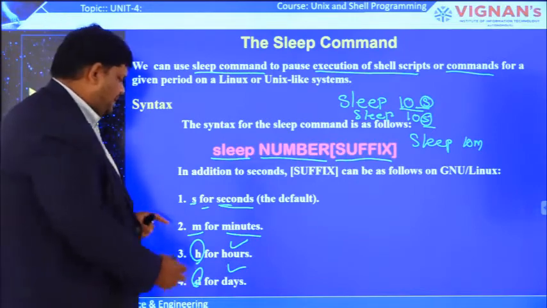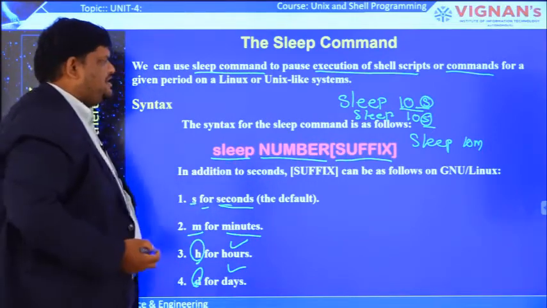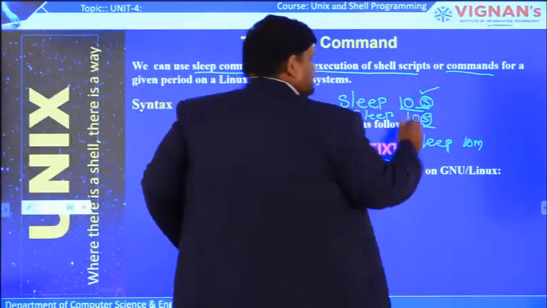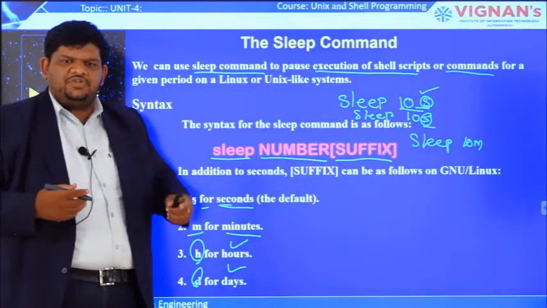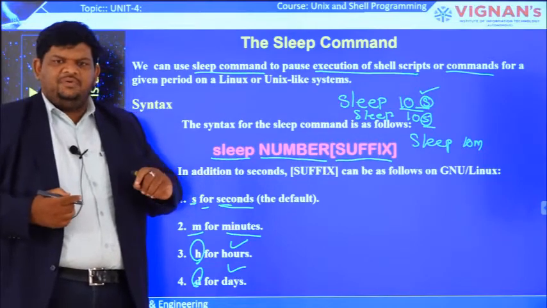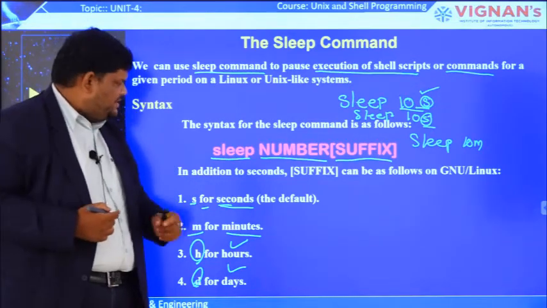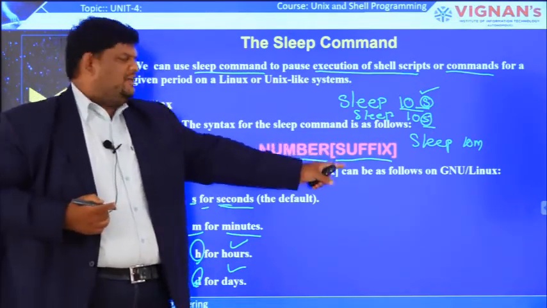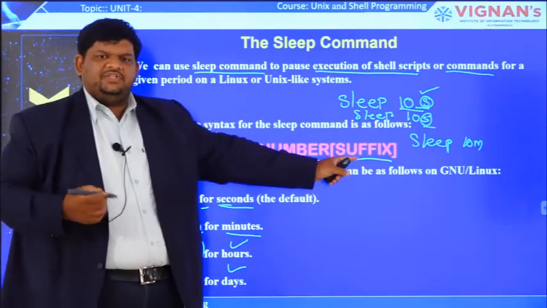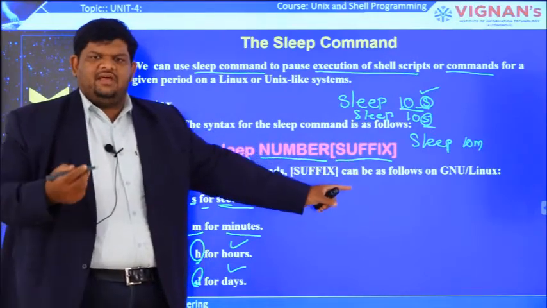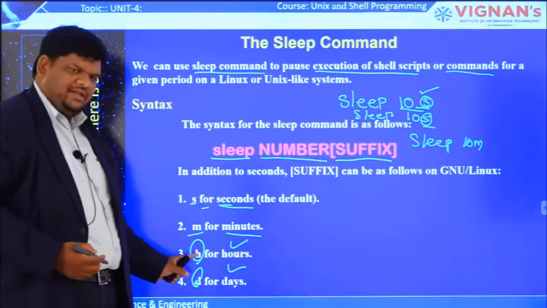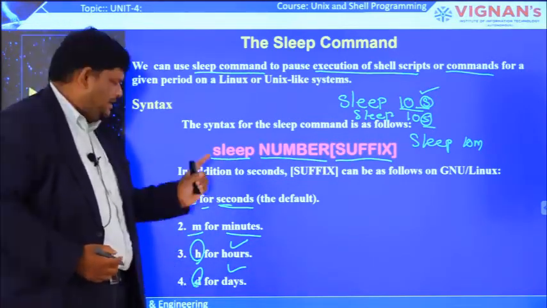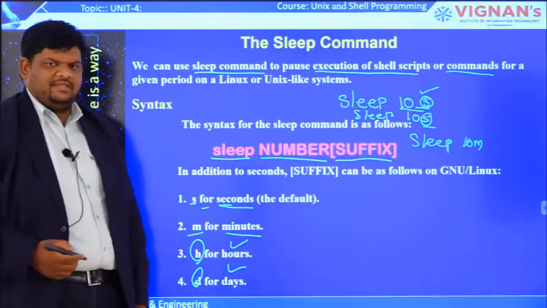Once again, without any suffix it will be considered as seconds. If we don't want the default and want to stop the execution for minutes or hours, then we have to mention the suffix. That means the suffix is optional; based on the requirement we can write small s, small m, small h and small d. By default it will treat it as seconds.